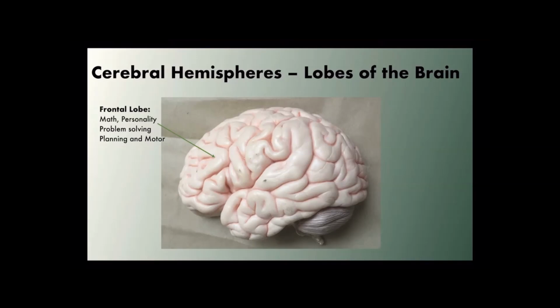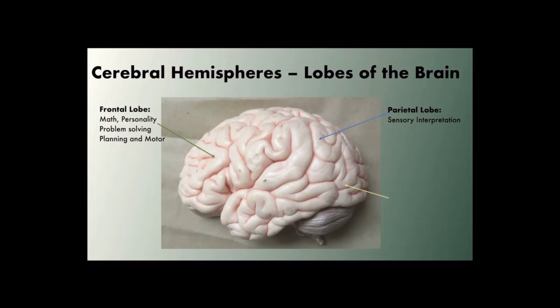We find that this is a lobe concerned with math, personality, problem solving, planning, and motor. All in the frontal lobe. Good. Let's keep moving. How about here? That's right. Parietal lobe. Sensory interpretation.